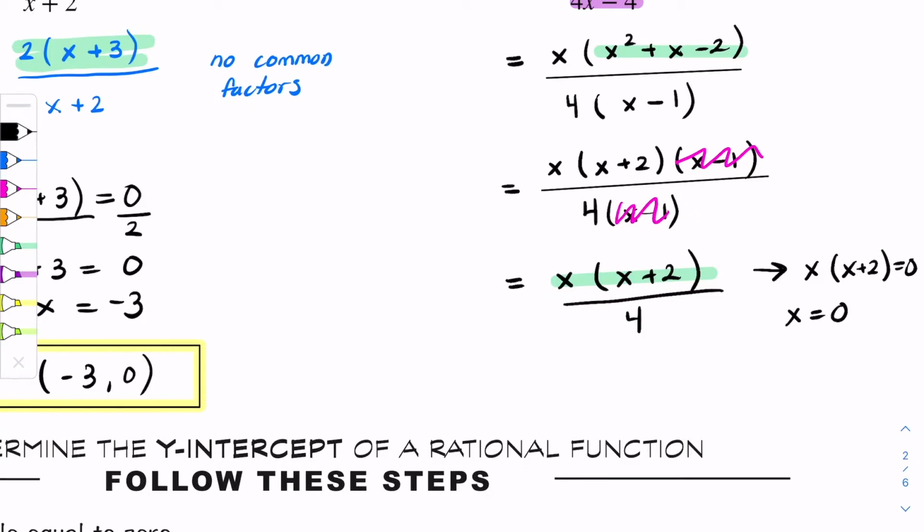We have a factor of x equals 0, and we have a factor of x equals -2. So in this example, our x-intercepts are at (-2, 0) and (0, 0).